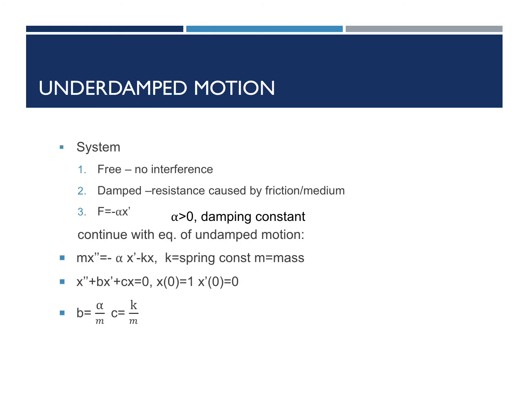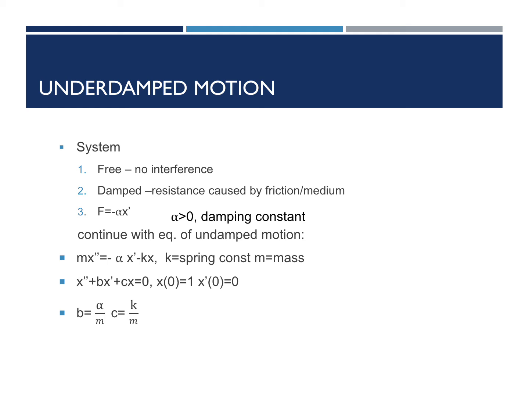And for our underdamped motion, the system has resistance, and the resistance that causes the damping is from friction or the medium. We add alpha, the damping constant, into the equation of undamped motion, and we get m x double prime equals minus alpha x prime minus kx.